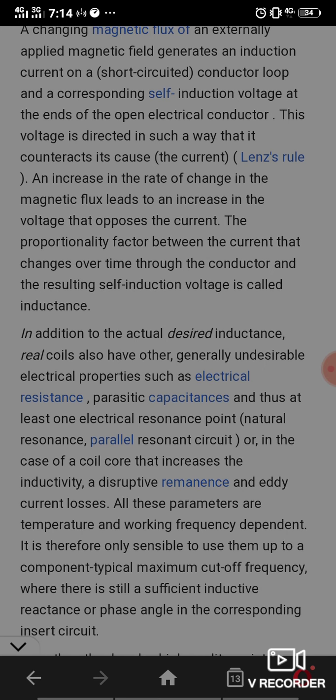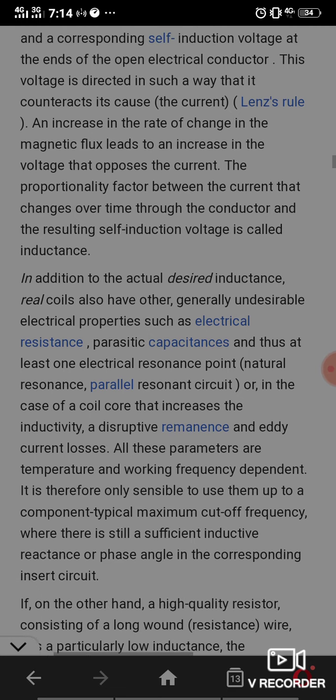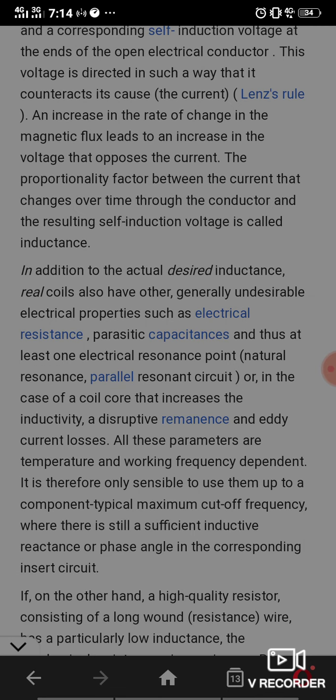All these parameters are temperature and working frequency dependent. It is therefore only sensible to use them up to a component-typical maximum cutoff frequency where there is still sufficient inductive reactance or phase angle in the corresponding circuit.